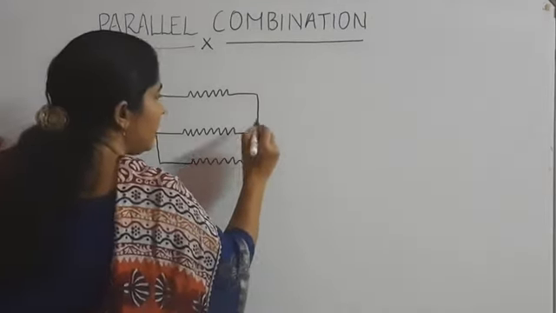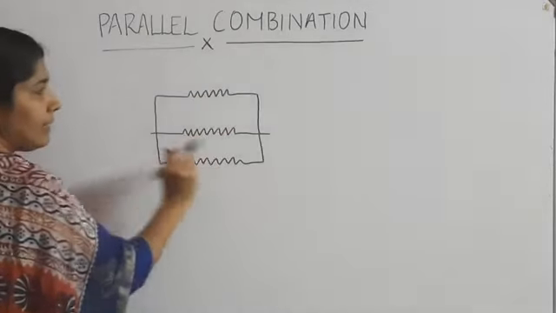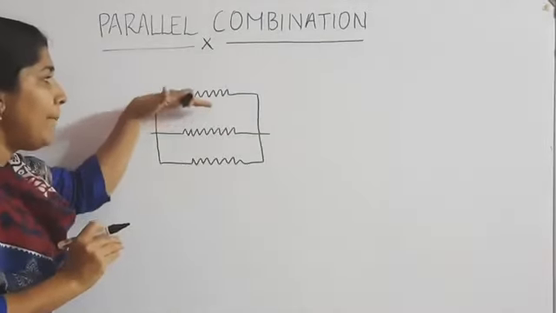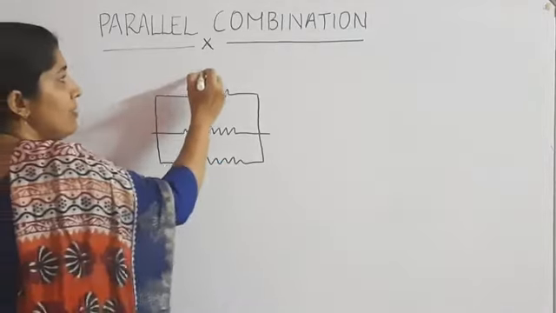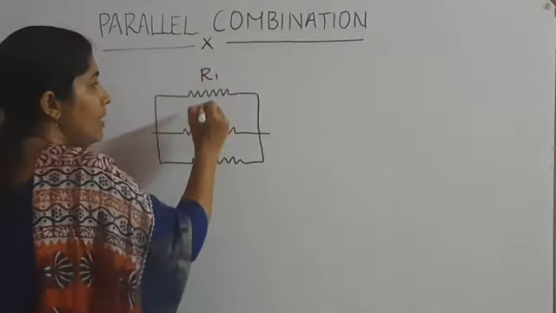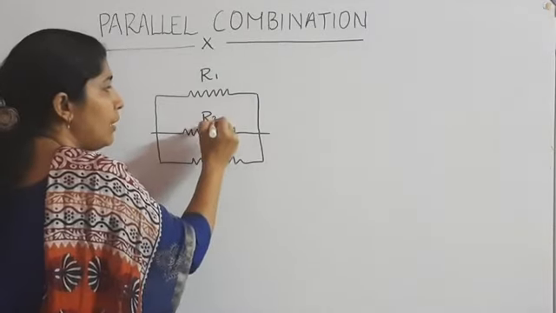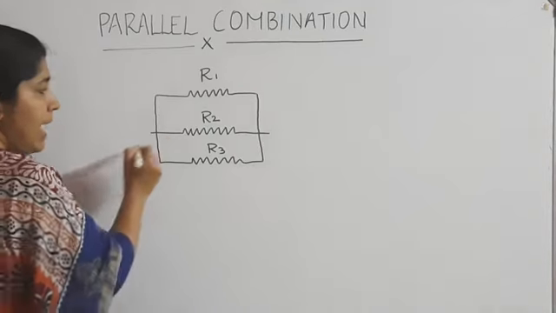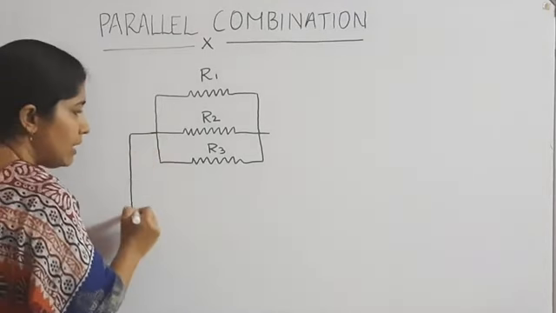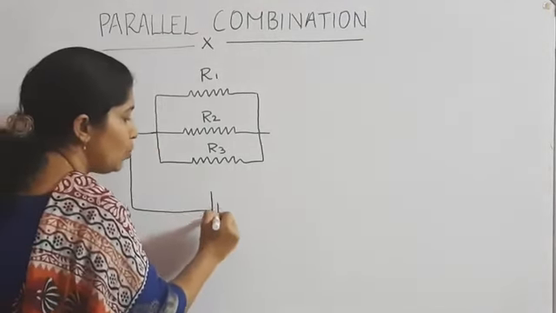This forms the parallel combination of resistors. This resistor has resistance R1, this one has resistance R2 and this one has resistance R3. And these three resistors are connected to a voltage source V.